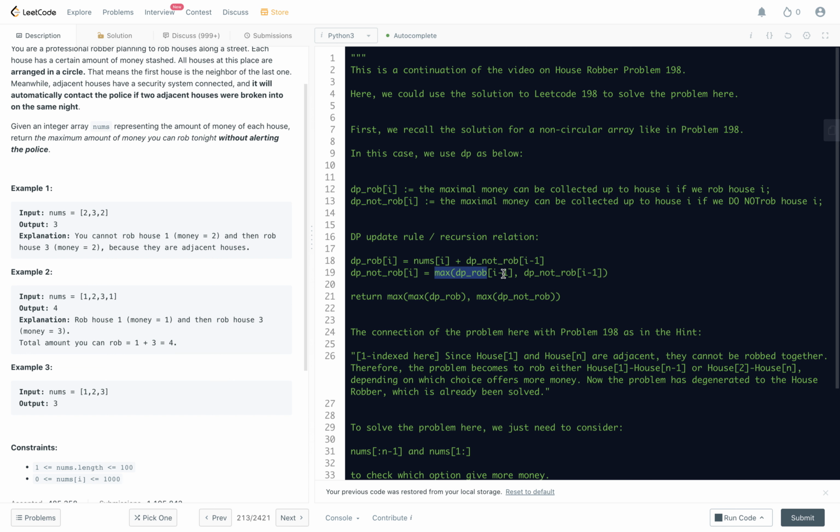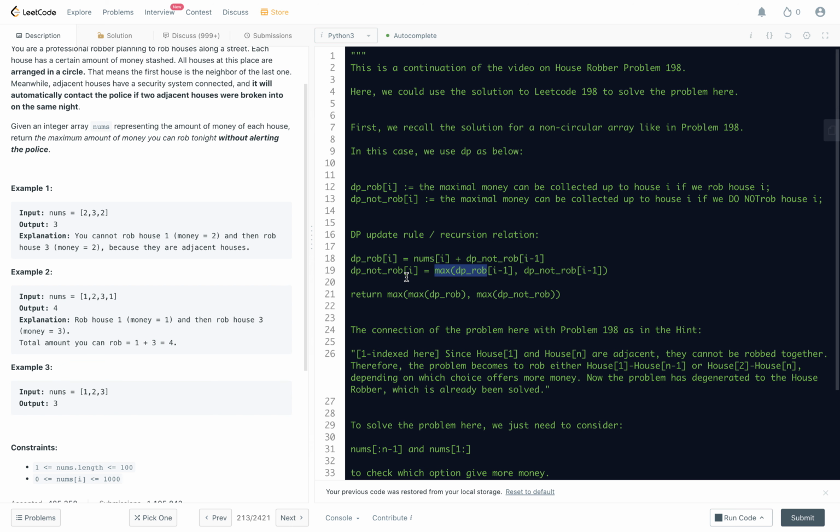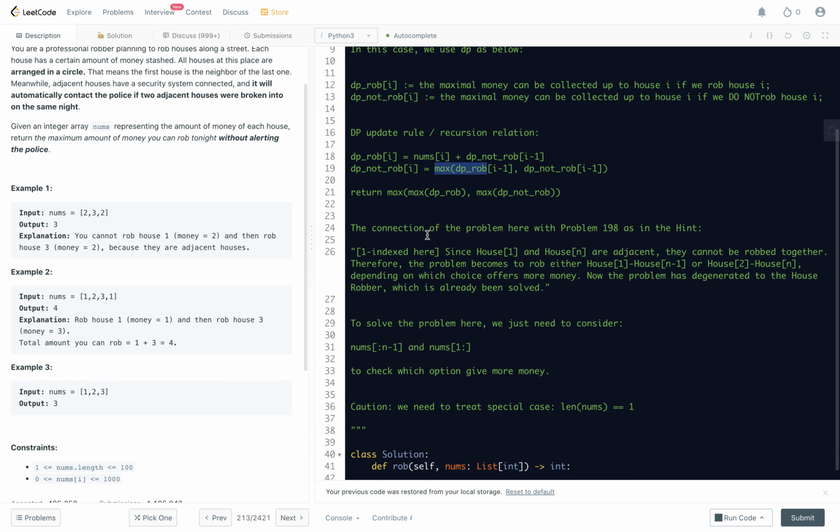That's why the maximum money will be the maximum of these two: dp_rob[i-1] and dp_not_rob[i-1]. Finally, we return the maximal number in the two tables, dp_rob and dp_not_rob. So that's the solution to problem 198.